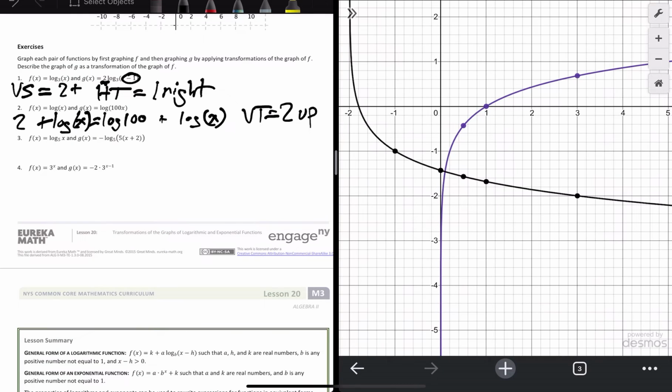Let's see what's going on, though, in number 3. Okay. Basic log base 5 parent function. Okay. So I think we could say log 5 plus log 5 x plus 2. And, oh, that's a negative log.